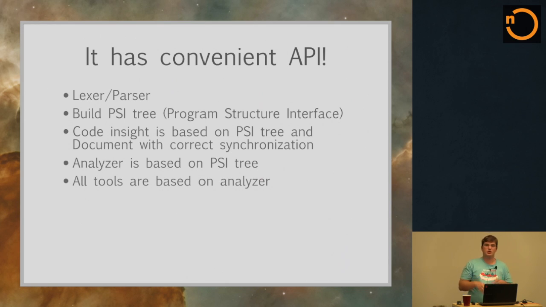So when we change something, we can generate a new PSI tree and then merge it with the old one to keep classes, not to regenerate a lot of PSI elements. So you can keep some caches in these PSI elements and then analyze them.